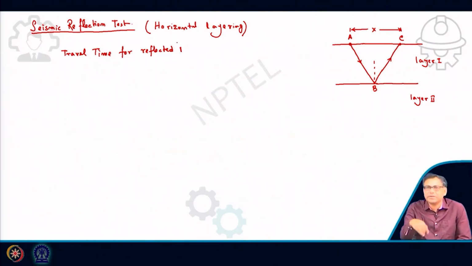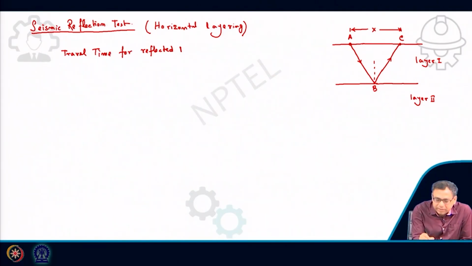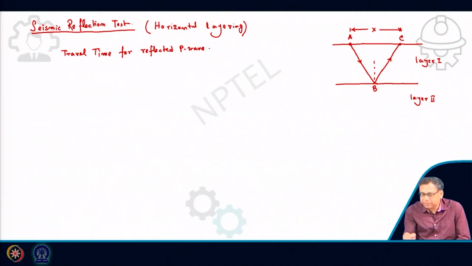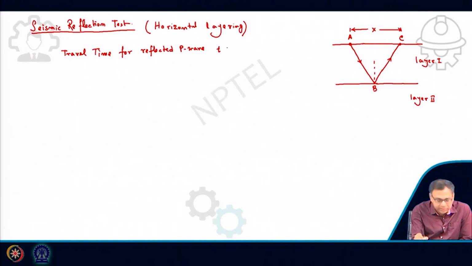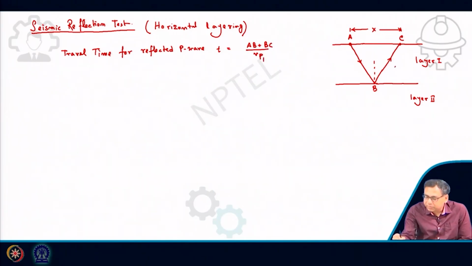Right now in all my derivation I am writing P wave, but depending upon how you are generating it, it can be SH wave also. So, I am writing it as P wave, say. So, this is my reflected wave. The travel time will be T equals (AB plus BC) over VP1, where VP1 is the P wave velocity of layer 1. That will be the travel time of the P wave.